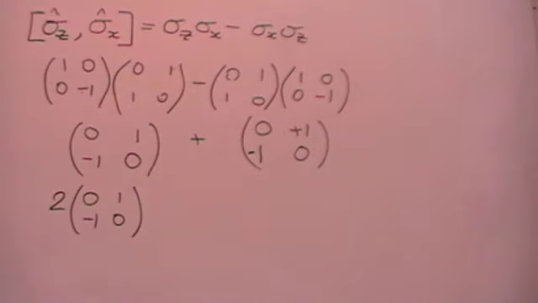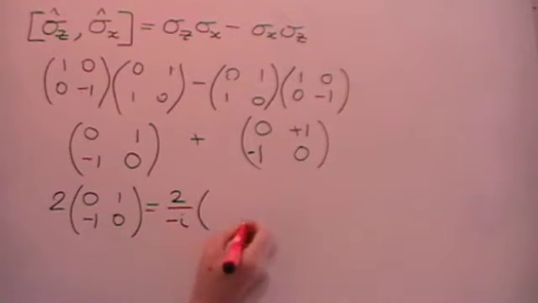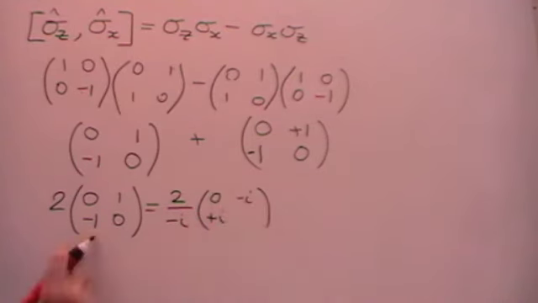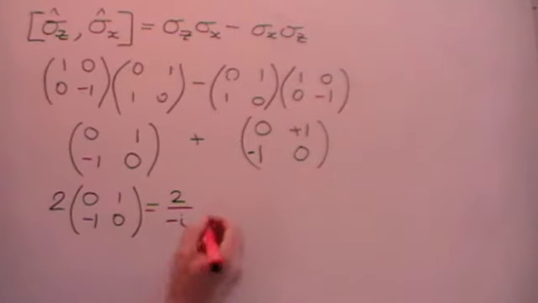But if I multiply by minus i on the inside and divide by minus i on the outside, I'm going to get 2 divided by minus i, and then inside I multiply by minus i, I'm going to get (0, minus i; plus i, 0), because minus i times minus 1 is plus i. Now, you should recognise that. That, of course, is simply the sigma y matrix.